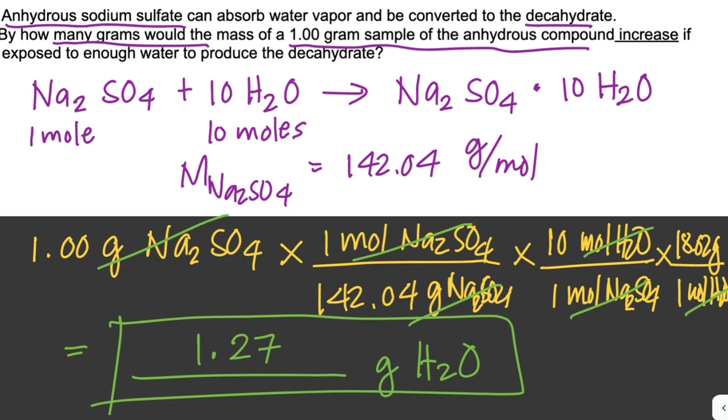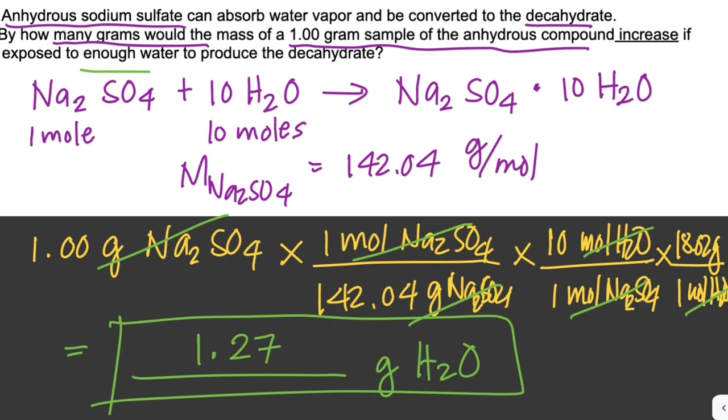Therefore the mass of a 1 gram sample of anhydrous compound will increase 1.27 grams if it is exposed to enough water to produce the decahydrate.